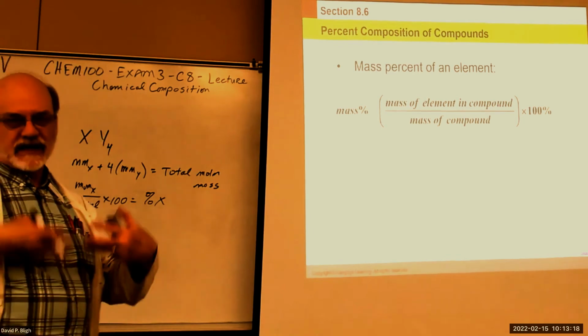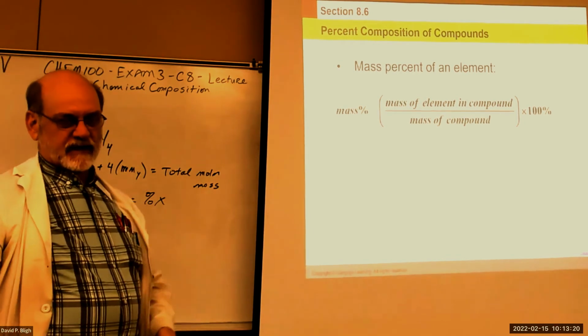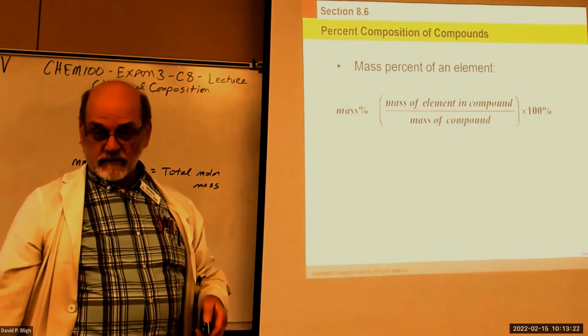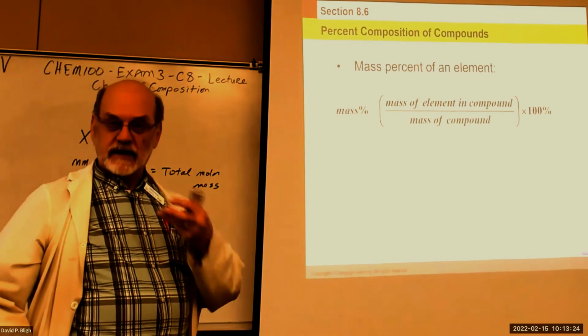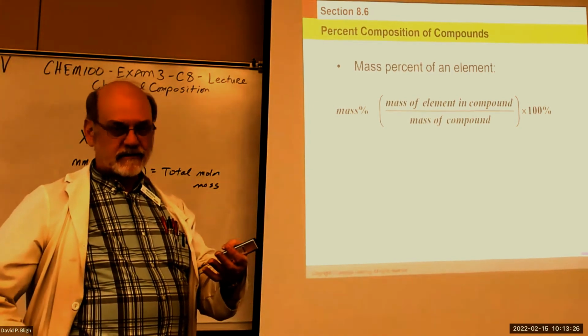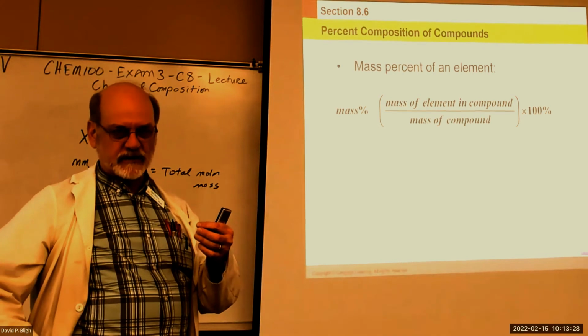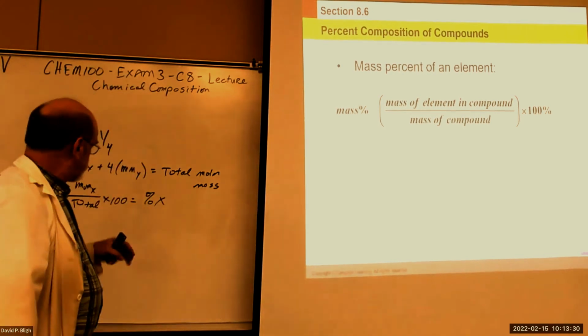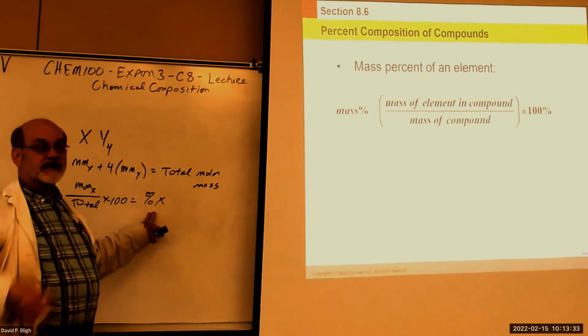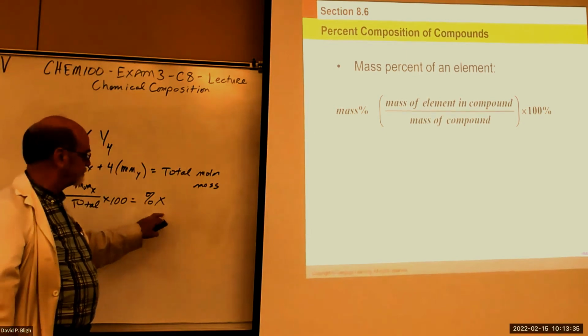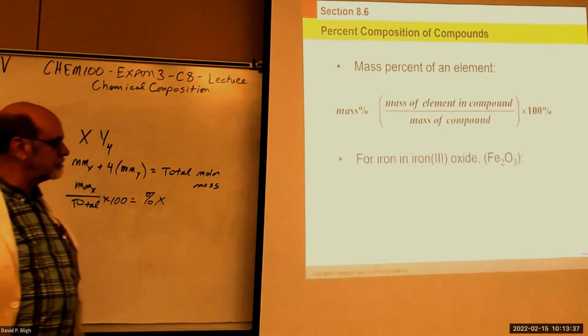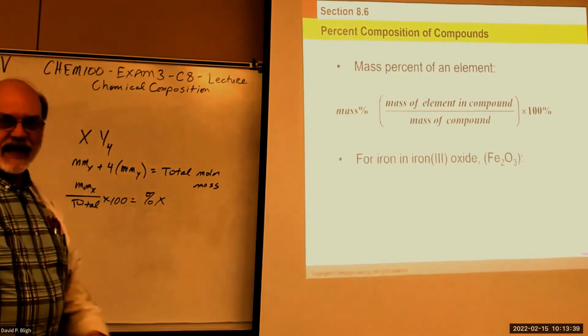That's the calculated value. The experimentally determined value may not be exactly like that, right? Experimental error. You always have error in any measurement. But this is the ideal. This is the expected value. Right? So let's take an example.